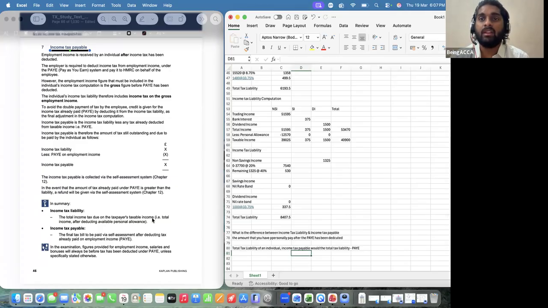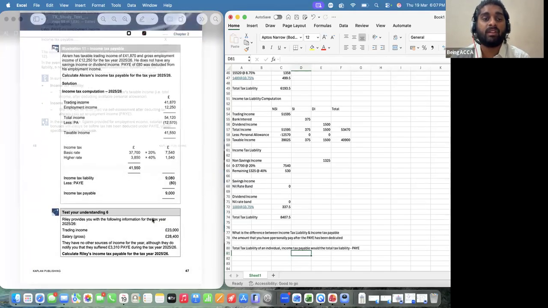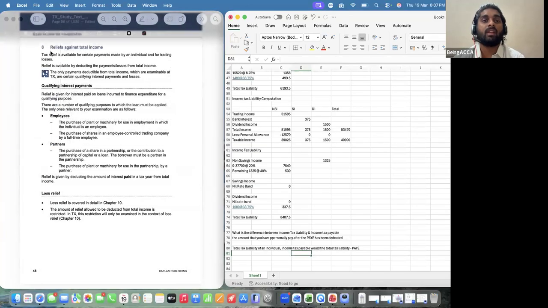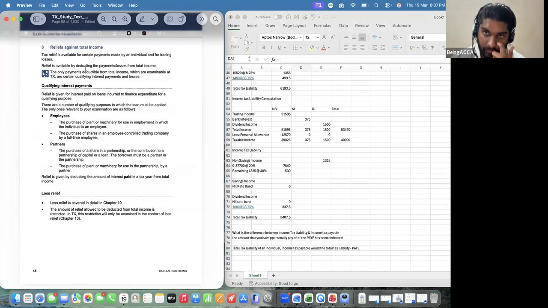All right, with this, let's move on to the next part of the question, which is talking about reliefs against other income. As we have earlier discussed in the prior class, we have discussed what is net income and what is total income.